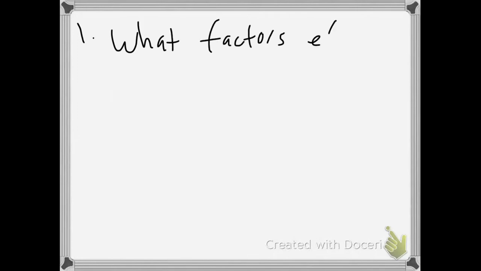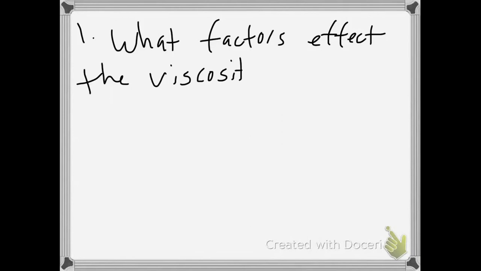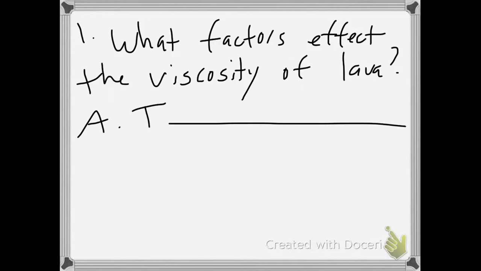In the first question, you want to name what factors affect the viscosity of lava or magma. Can you name the first one? It starts with a T. Of course, this is temperature, so hotter lavas are going to be less viscous, so they're not going to resist flowing.